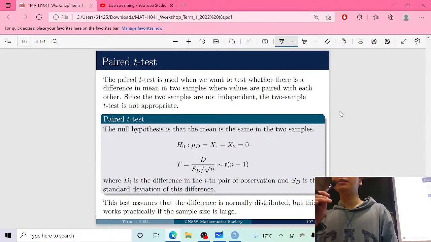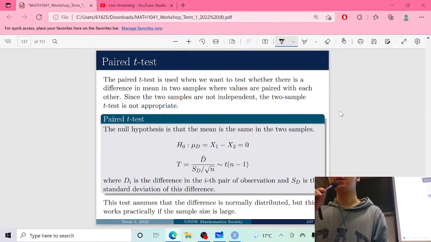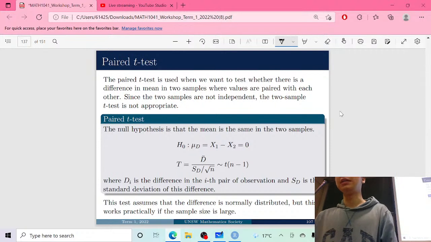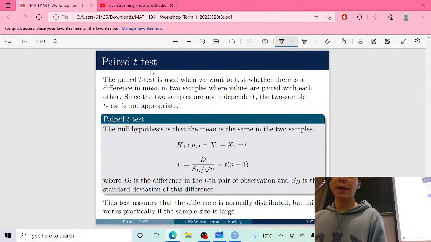The second thing is, suppose that the two samples that we have are correlated. So the two samples are related to each other, rather than completely independent of each other. In that case, what we have here is a paired t-test. A paired t-test comes from the fact that the two samples have relations from one another.